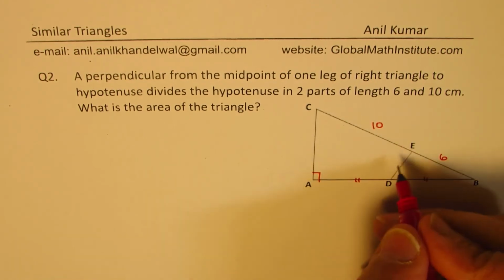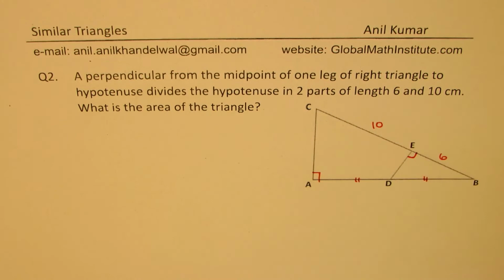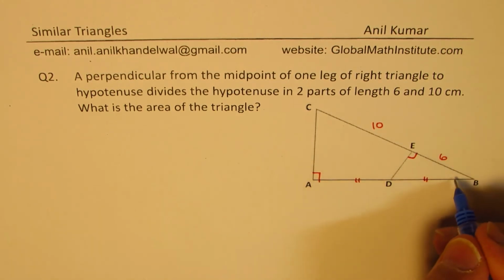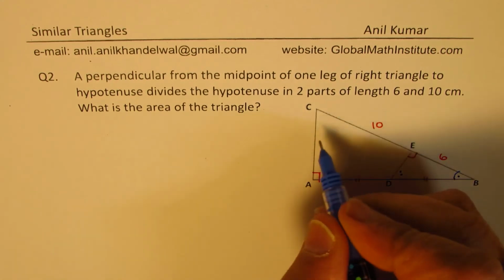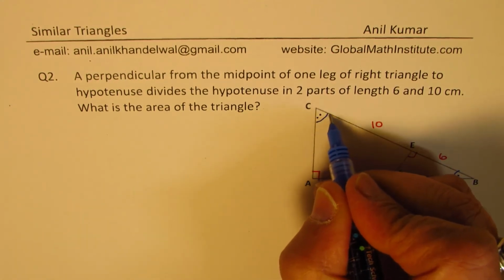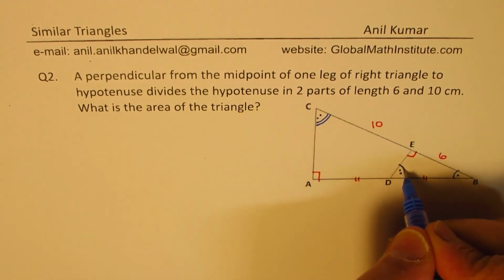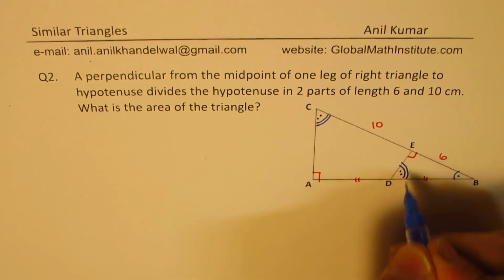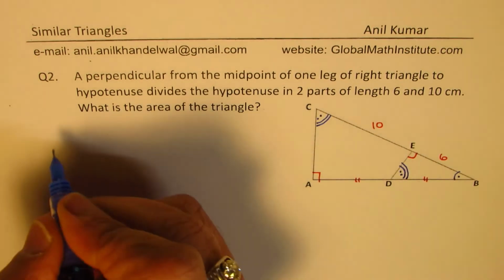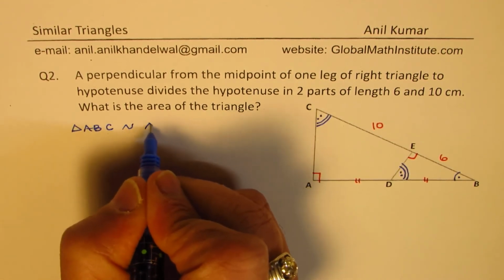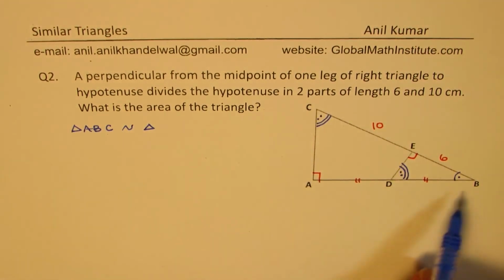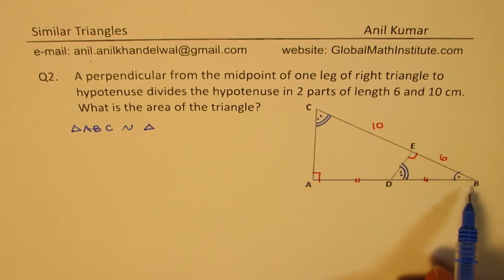So again we'll follow the same method. We know that this is perpendicular, and therefore this angle is common, right? The other angle is equal. So we do have a similar triangle case. So we can say triangle ABC is similar to triangle EBD.